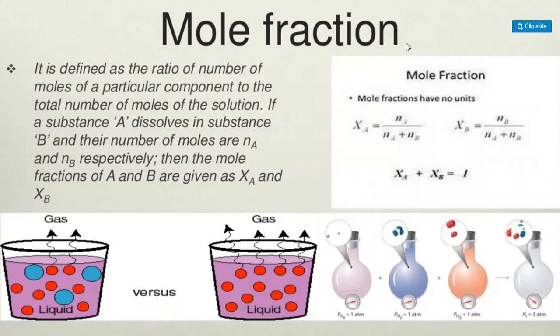For Xa, the formula is Na upon the total moles, solute plus solvent, so Xa equals Na upon Na plus Nb. Similarly, Xb equals Nb upon Na plus Nb. And Xa plus Xb is equal to 1.